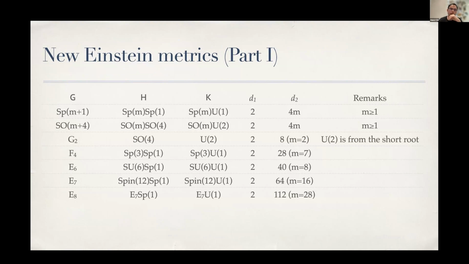As you can see, for each of these group triples, the isotropy representation splits into two irreducible summands. A common feature shared by these principal orbits is that the spherical fiber is always of dimension 2, and the base space is always of dimension 4m, which is something called a Wolf space, because they admit a quaternionic Kähler structure.